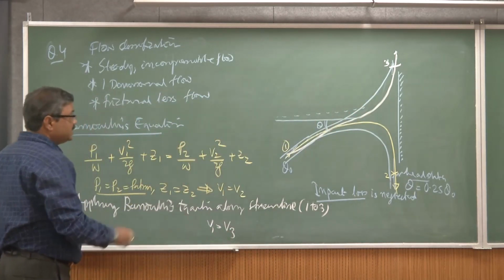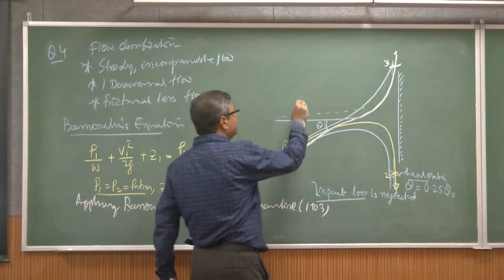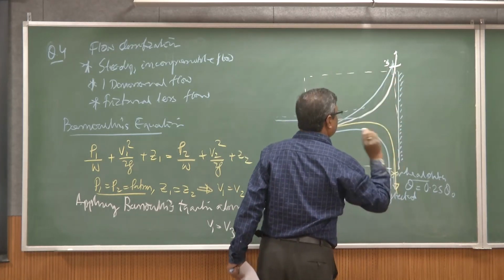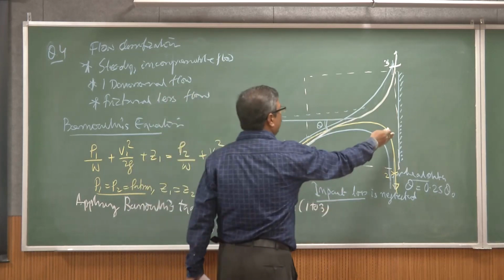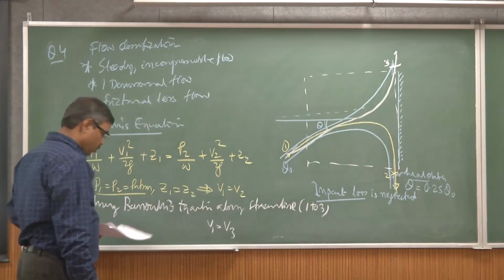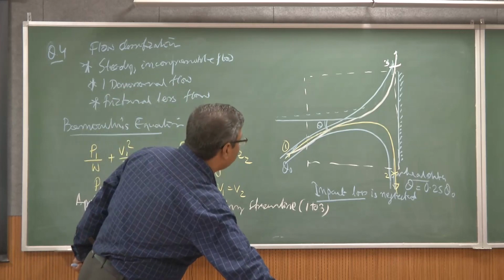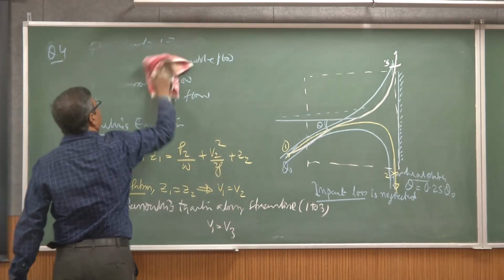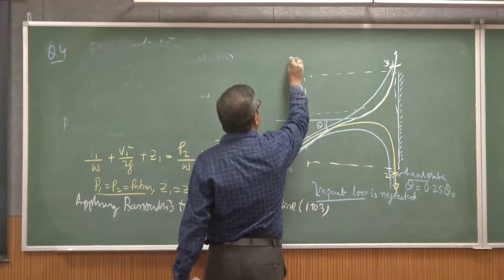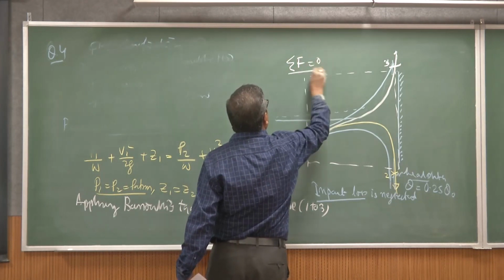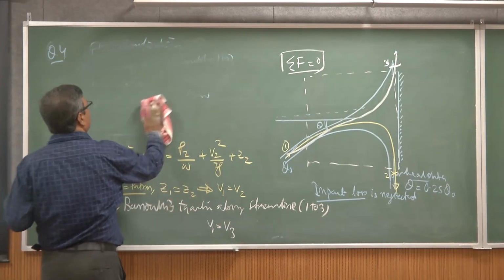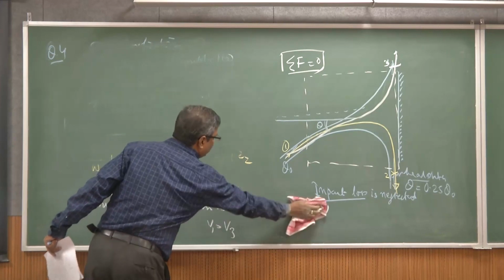If you just visualize this problem, if I consider a control volume like this, since this is a fixed one, the net force acting on this impact object is equal to 0. In that case, we can easily apply the linear momentum equation to find at what theta value the sum of the forces acting on this should equal 0. That is the problem we are looking for. So I write the linear momentum equation.